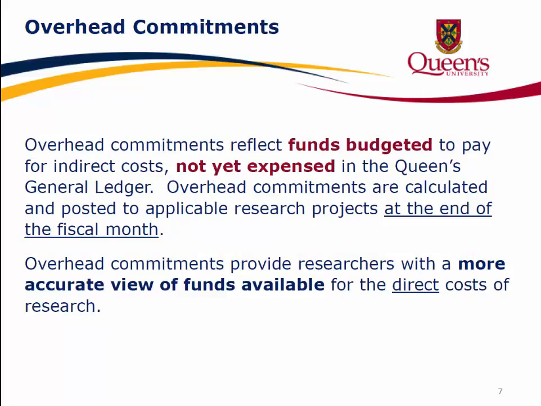Have you ever wondered what the overhead commitment is on your research project statement? Overhead commitments represent funds budgeted to pay for future overhead expenses. Overhead commitments are recalculated at the end of each fiscal month as overhead is expensed. Committing future overhead expenses reduces the available balance in the project, which helps provide researchers with a more accurate view of funds available for the direct costs of research.